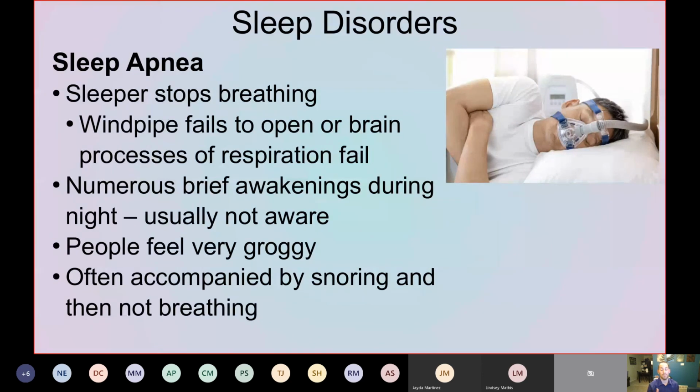There are good treatments that can prevent it from happening. One is a CPAP machine like this that essentially puts a seal on the airways and keeps the pressure open so the airway cannot close. That doesn't necessarily help with the type where the brain isn't sending the signal to breathe, but it helps with most cases of sleep apnea.